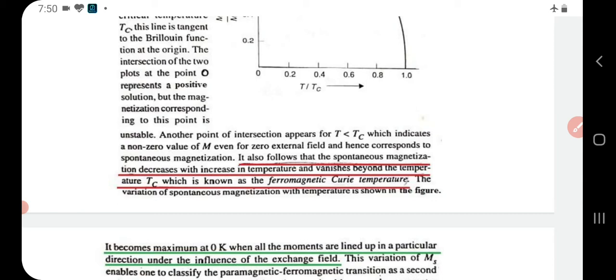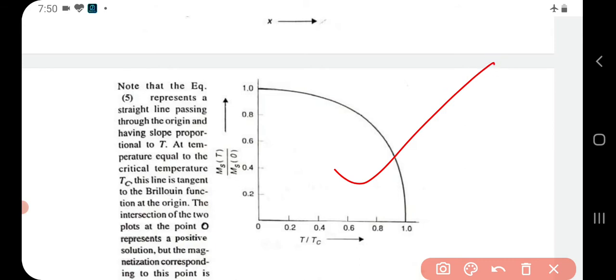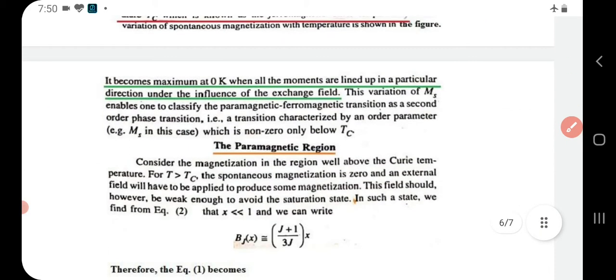Now the variation of spontaneous magnetization with the temperature is shown in this figure. This figure is also important, and also its explanation. Spontaneous magnetization becomes maximum at 0 Kelvin, when all the moments are lined up in a particular direction under the influence of the exchange field.